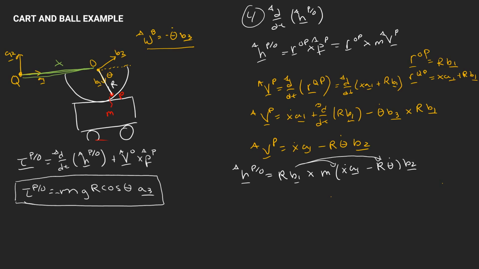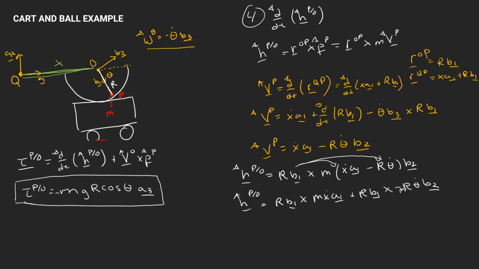So we can write now our angular momentum as RB1 crossed with m x dot A1, plus RB1 crossed with minus m R theta dot B2. And I forgot to put the little m in there.